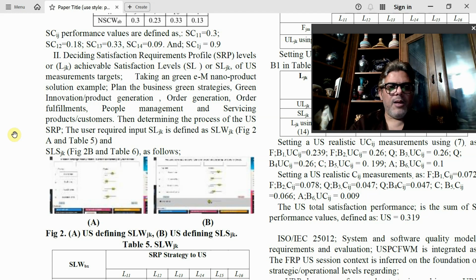Okay? So again, deciding satisfaction requirements provides satisfaction levels, achievable satisfaction levels, or user satisfaction measurement targets.